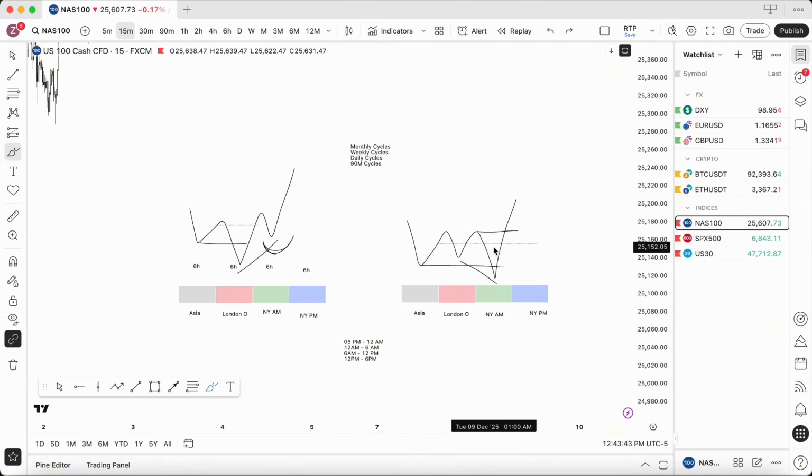Or I am just taking the turtle swoop with the candle after the candle that tapped the key level, because in this case, imagine this is the candle that tapped the key level, right? I would take the next candle if it's open low, not in Q4, just imagine this is just 2 candles.